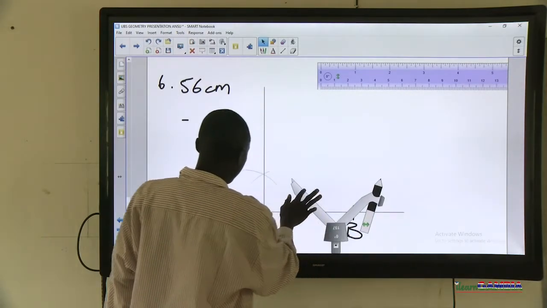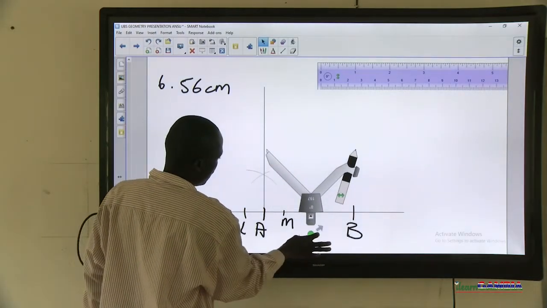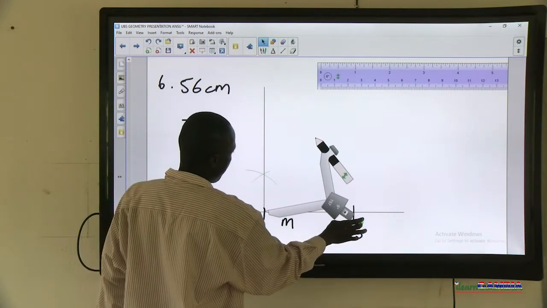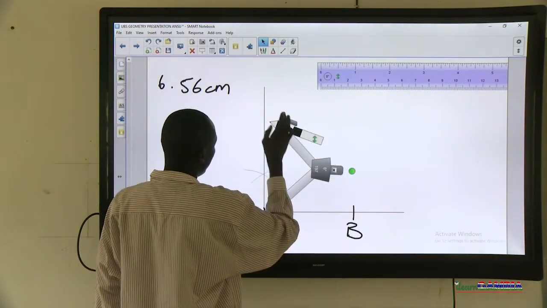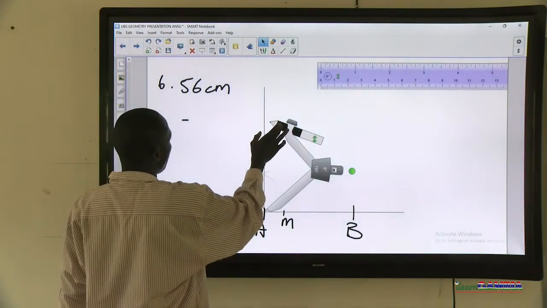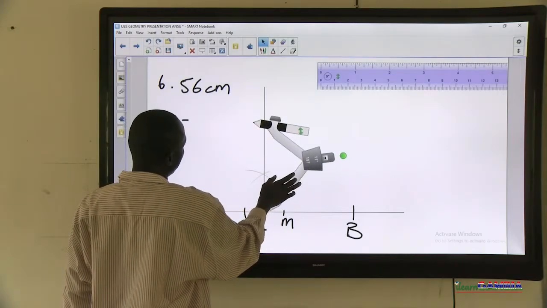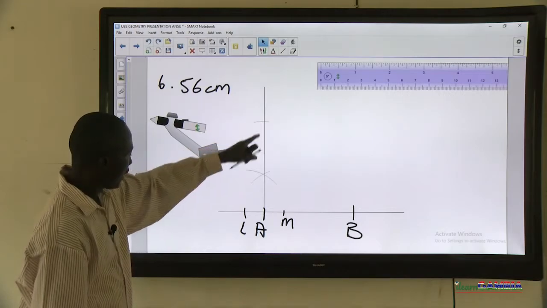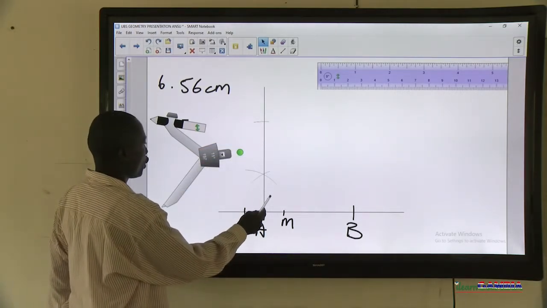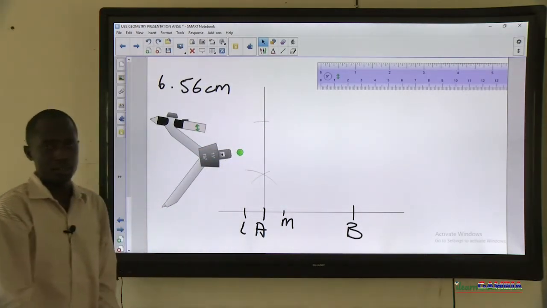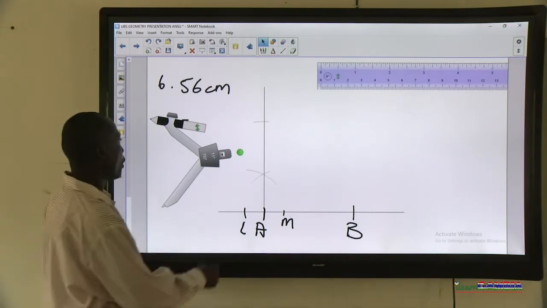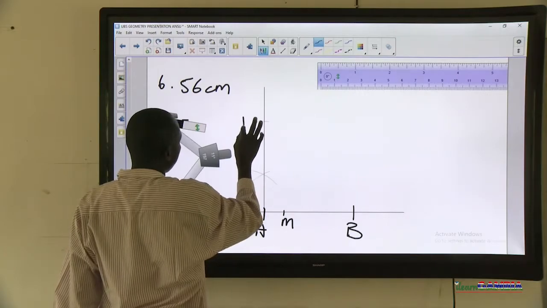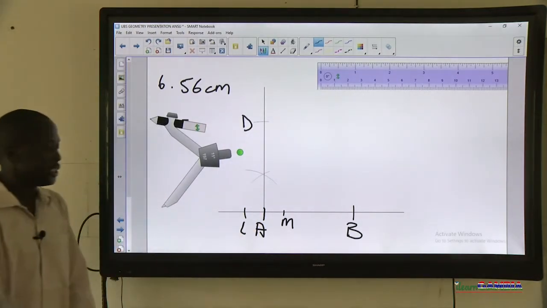So I take that, put that here. Then I draw an arc. Now you can see that arc here is 6.56 centimeters. Then this point will be point D. That point will be point D.